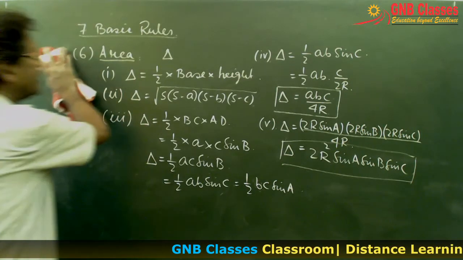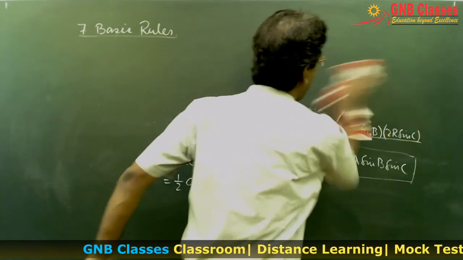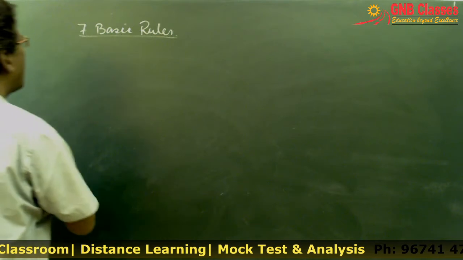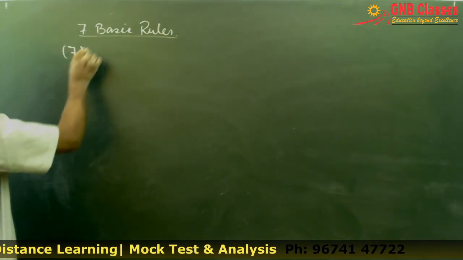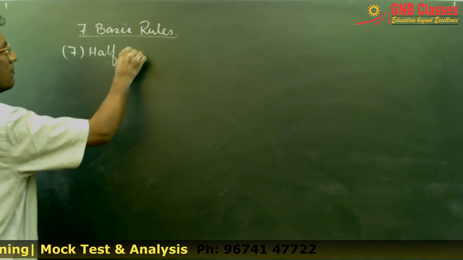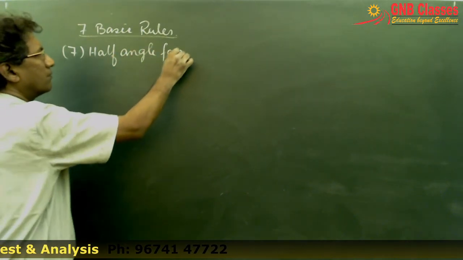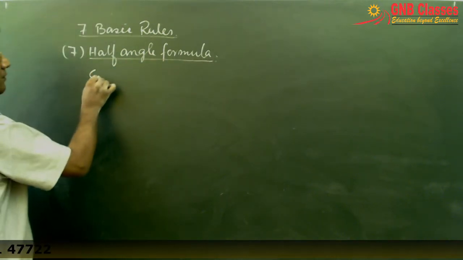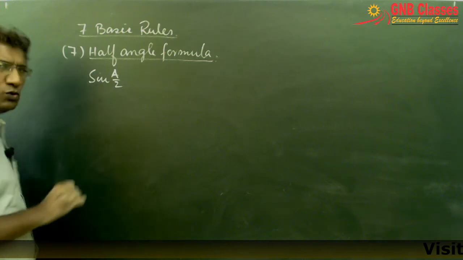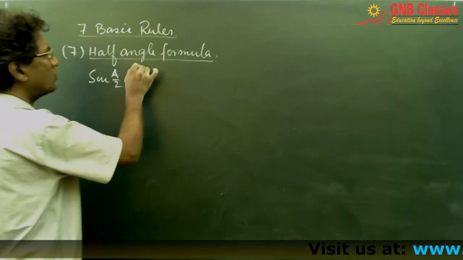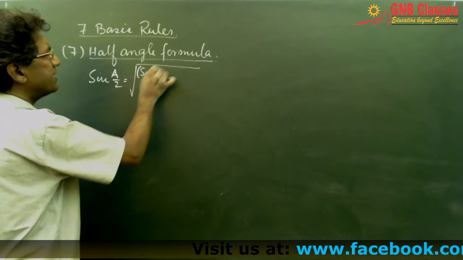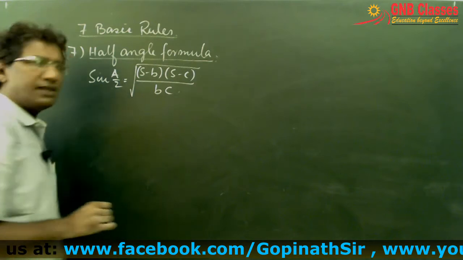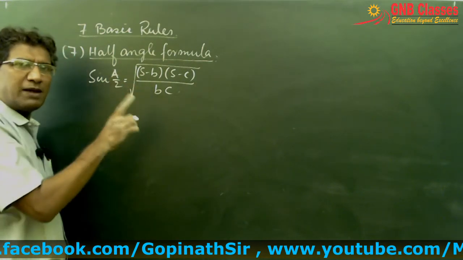Now, the last but not the least is the half angle formula. Here, sine A by 2 can be written as under root s minus b into s minus c divided by bc, where s is the semi-perimeter.